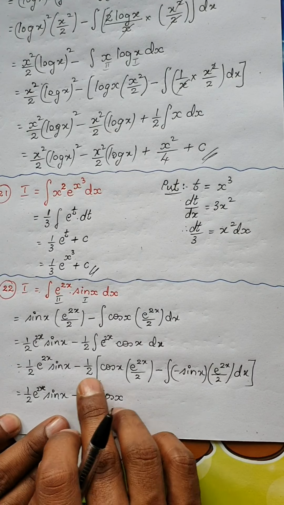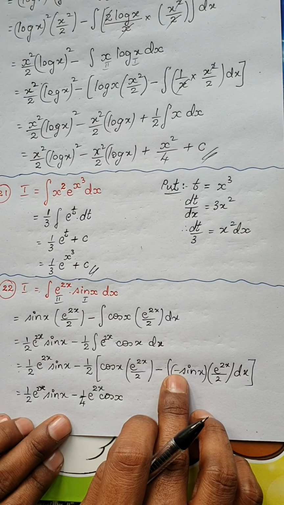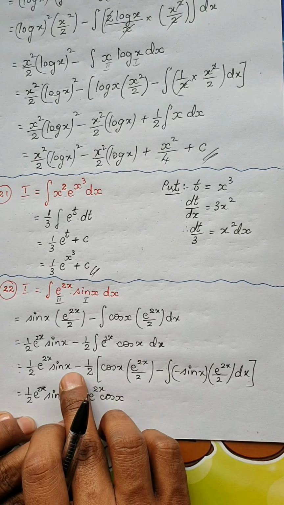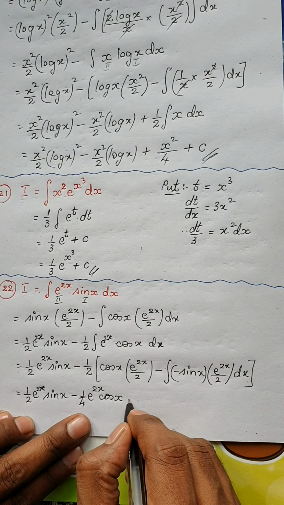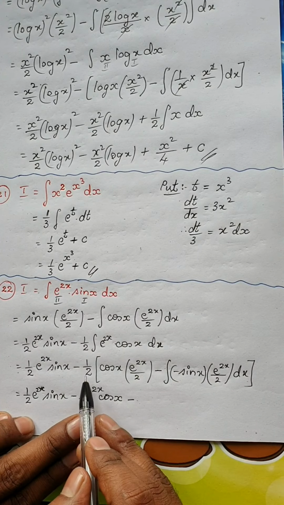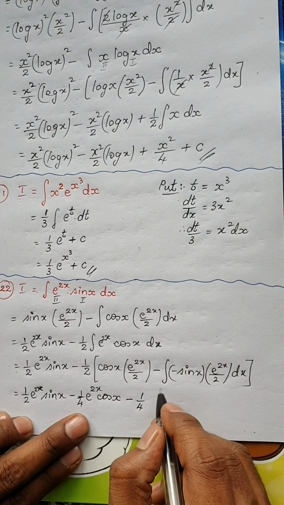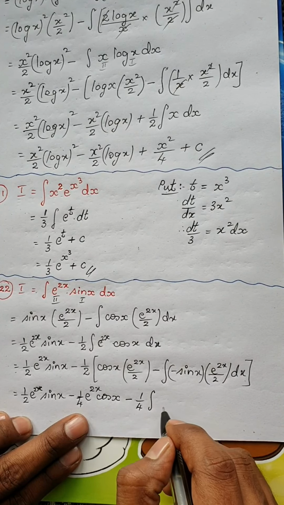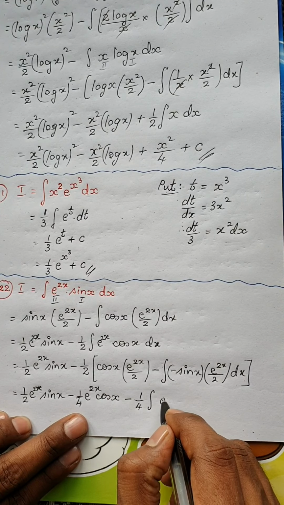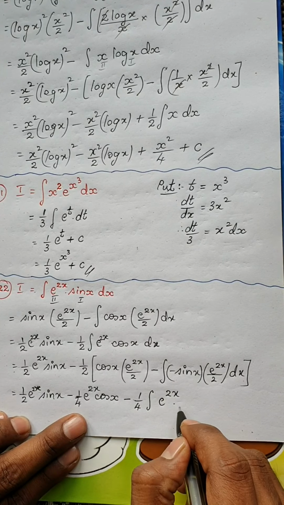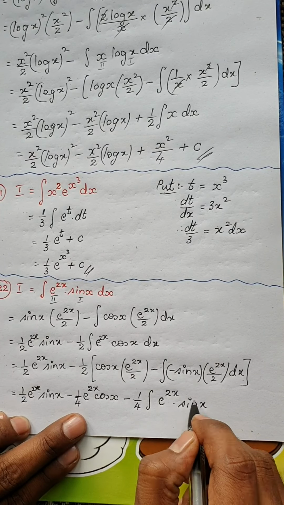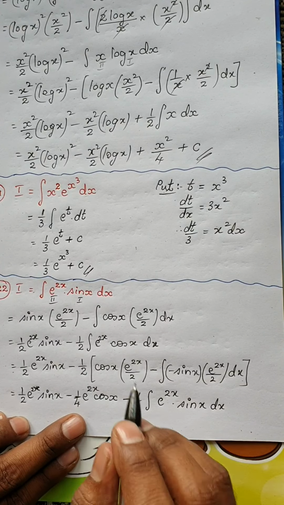Now I have minus of minus here, so that becomes plus, and I have an outside minus, so that would be again a minus here, and I have 1 by 2 here, another 1 by 2, so this would be 1 by 4 into the integral of, remember, I will get e power 2x into sin x dx.